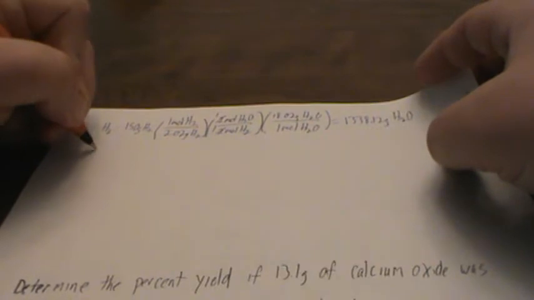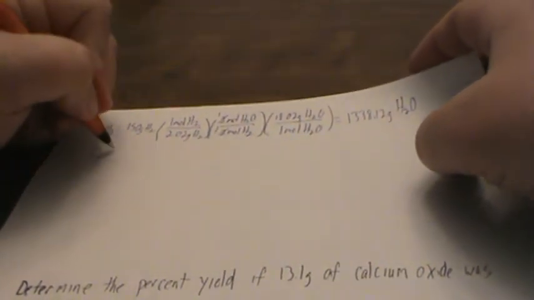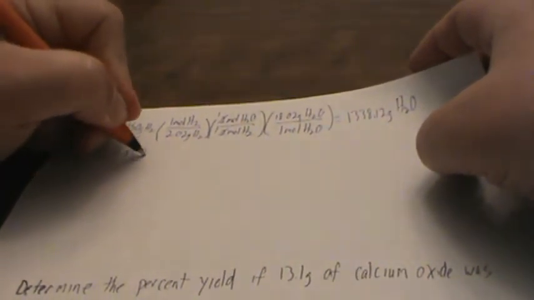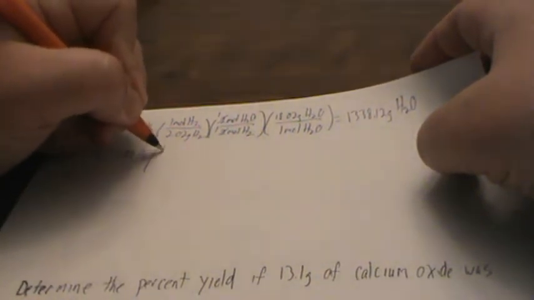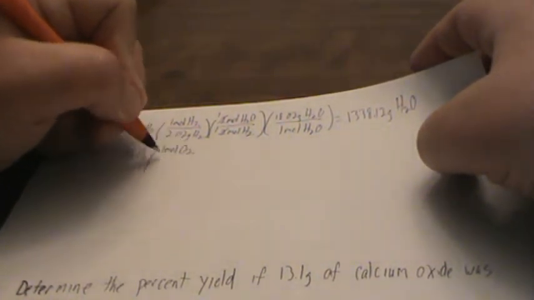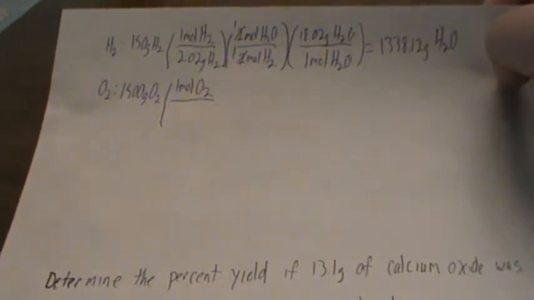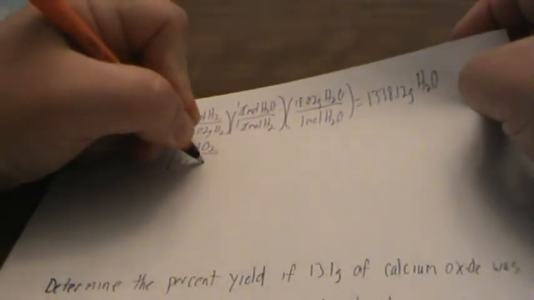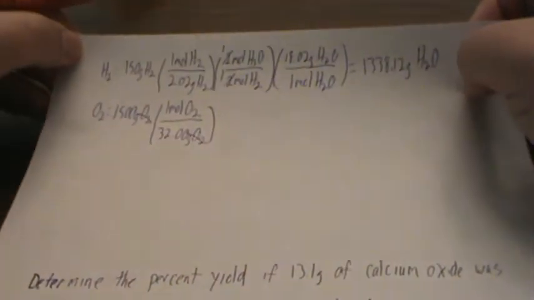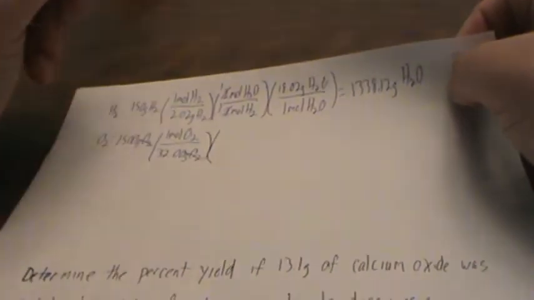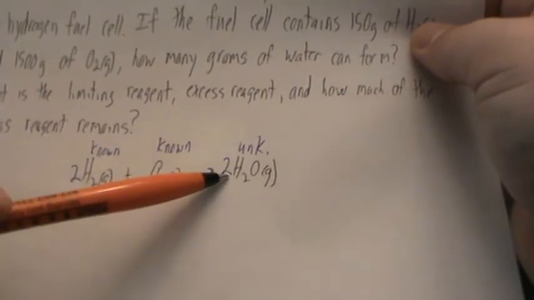Now let's have oxygen as our known, and we had 1,500 grams of oxygen. So just like we were doing before, we go to moles of known, so 1 mole of O2 over, now the mass of diatomic oxygen. One oxygen atom is 16 grams, so 2 times 16 is 32 grams. So grams of oxygen get canceled out. Now moles of unknown. Our mole-to-mole ratio this time around, we have coefficient of 2 in front of water, we have a coefficient of 1 in front of oxygen.